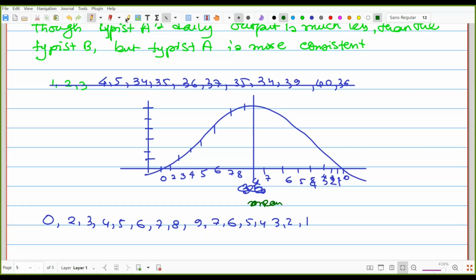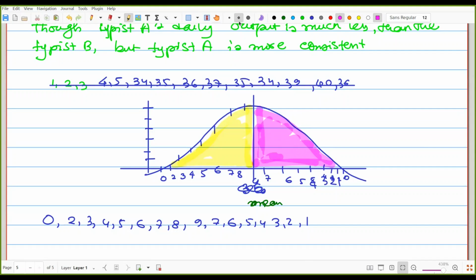That means the first half is like the mirror image of the second half. That's why it is called symmetrical or bell shaped.